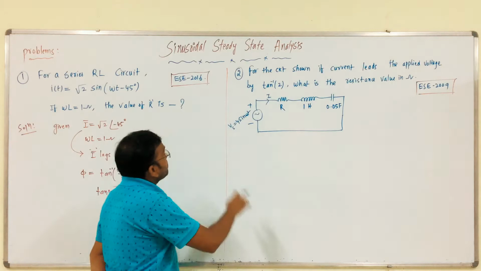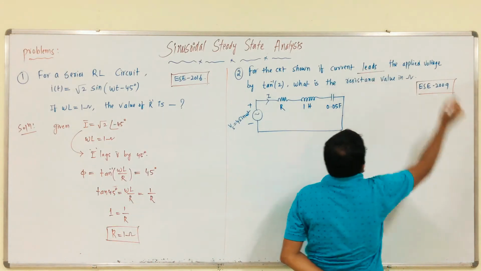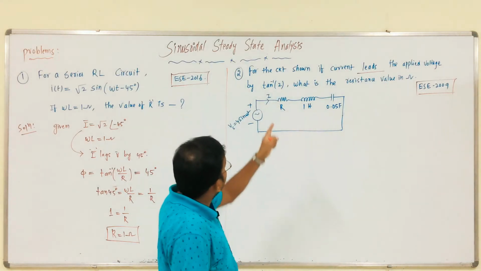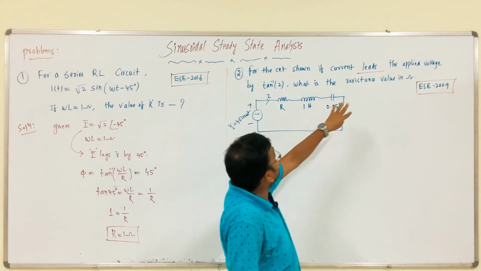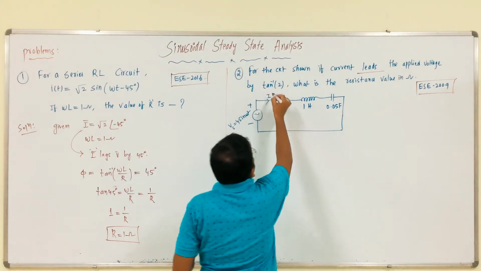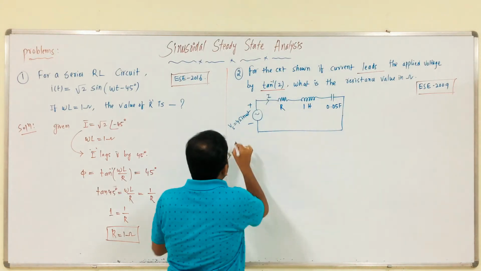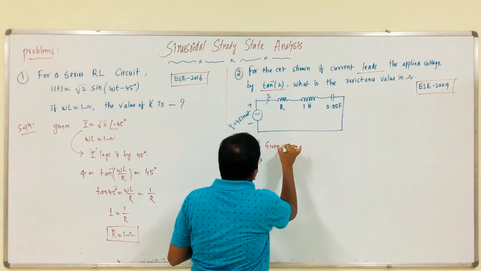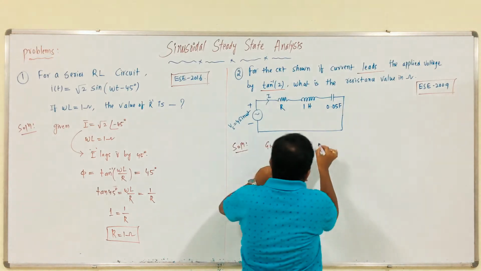Next, the problem is: for the circuit shown, if the current leads the applied voltage by tan inverse 2, what is the resistance value in ohms? The circuit is a series RLC circuit. Given that current leads voltage by phi, where phi is tan inverse 2.